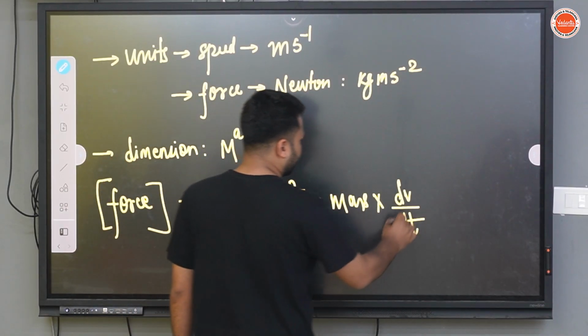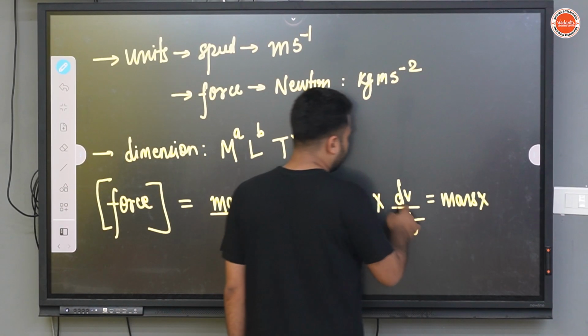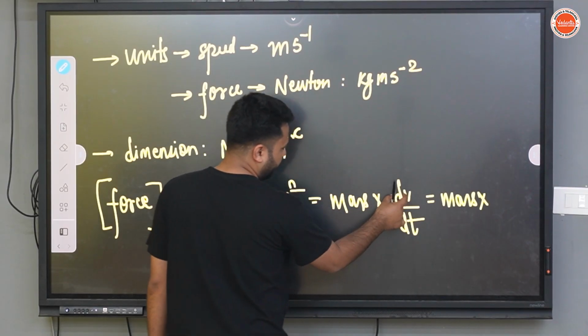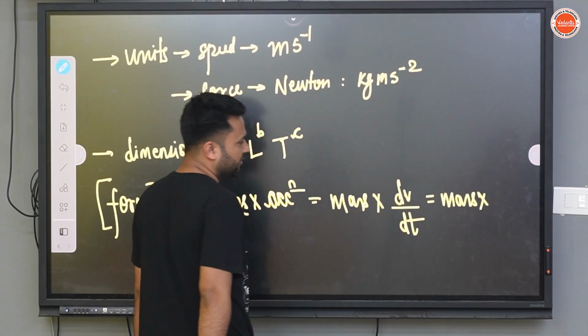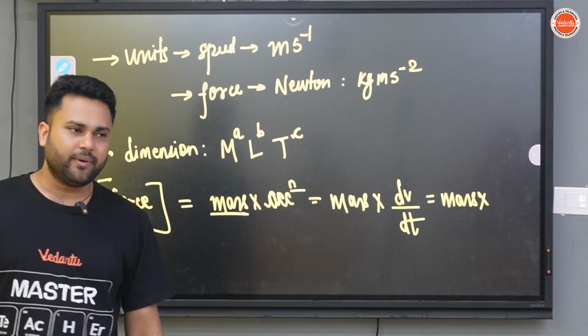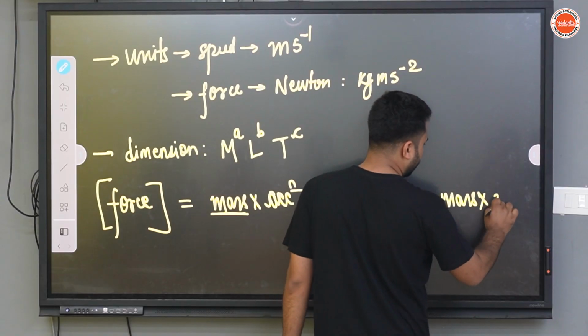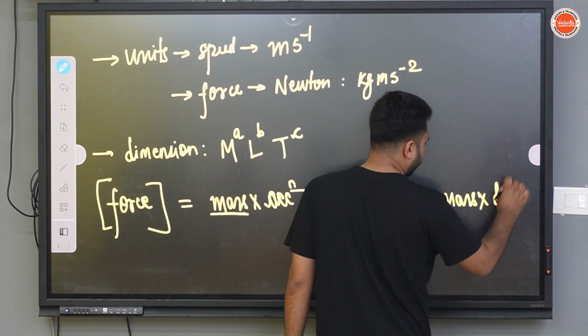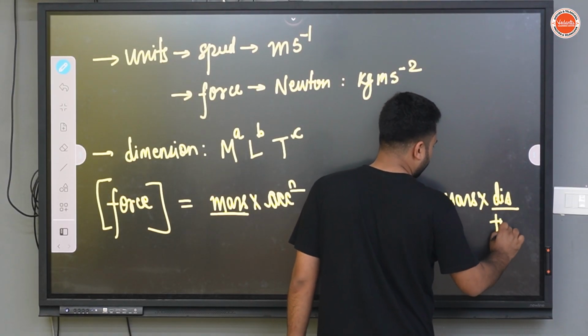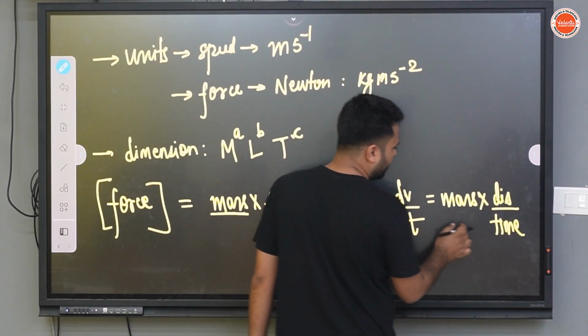So can I write this further as mass, into velocity? What is velocity? Distance by time. So distance divided by time, this is velocity, again divided by time.